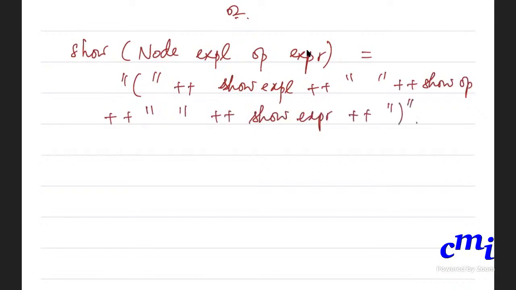Ignore the parentheses and so on. The main point is you are displaying the operation in between the two arguments.